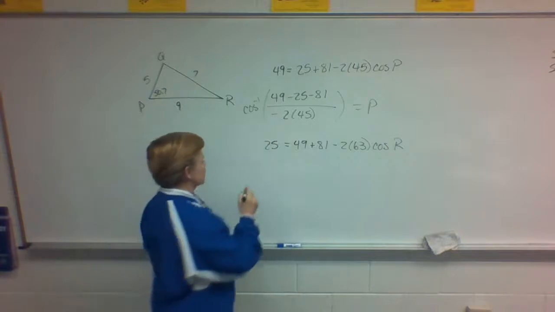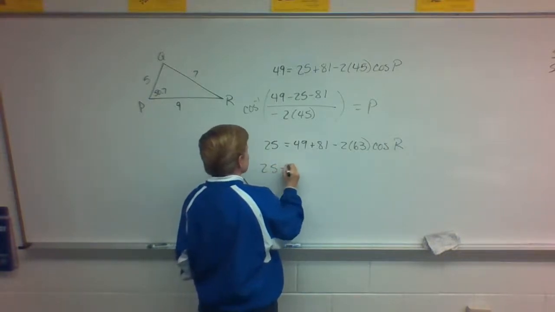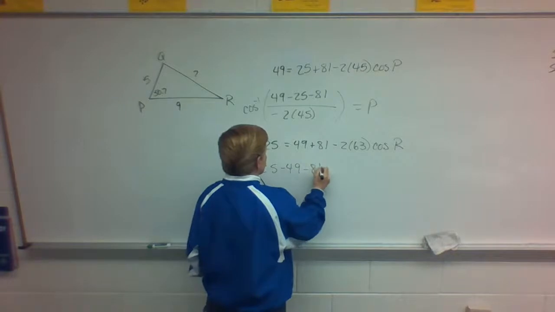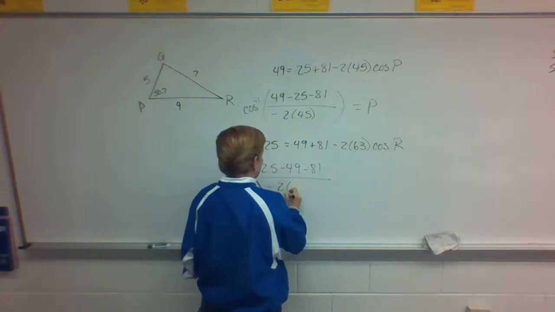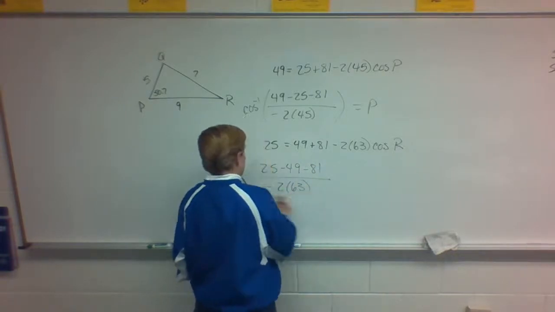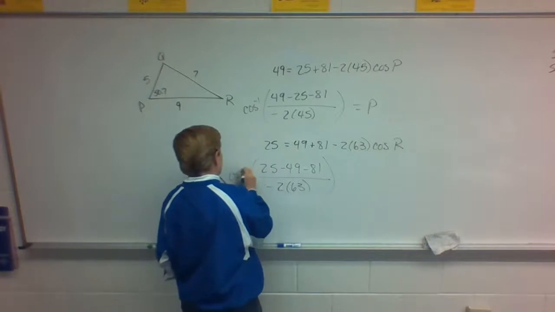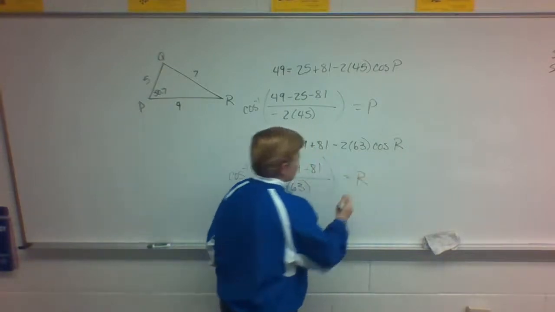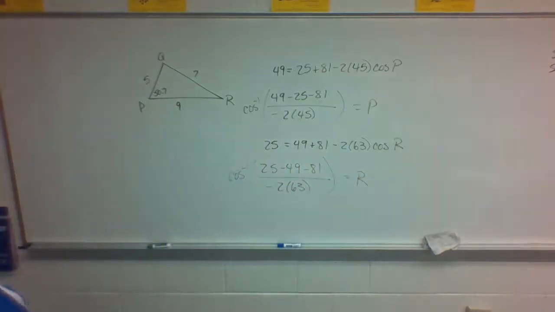We'll jump to the algebra because you guys are all really sharp. We can get this done really quick. And when you find R, find Q, and don't use the law of cosines to find Q.